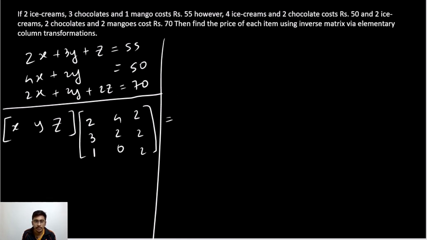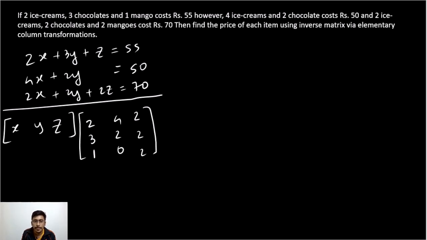So let me simply write it down. That is equal to 55, 50 and 70. Okay. So this is our A matrix, this is our B matrix, and this is our C matrix.